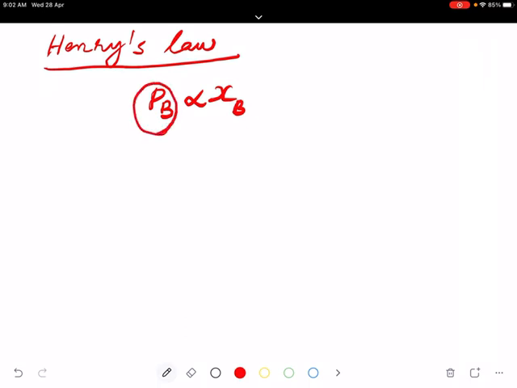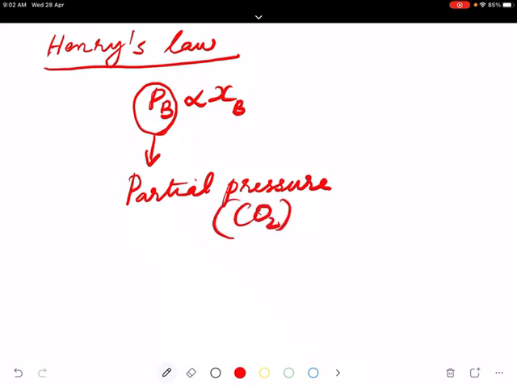PB is the individual pressure. We call it partial pressure, here it is of carbon dioxide. Now, PB is equal to KH into XB. KH is called Henry's constant.